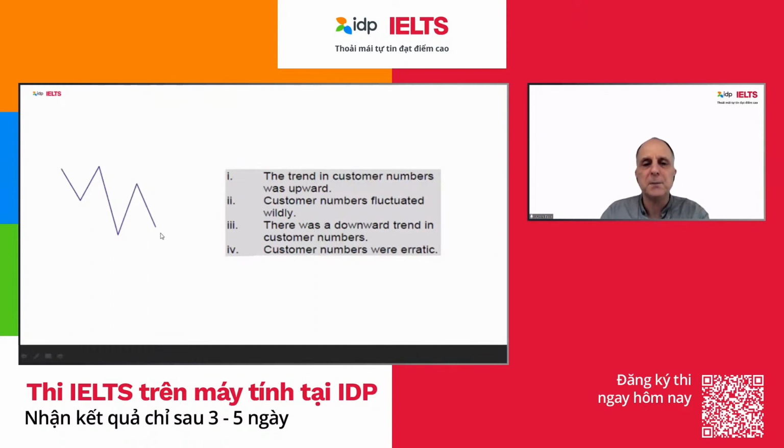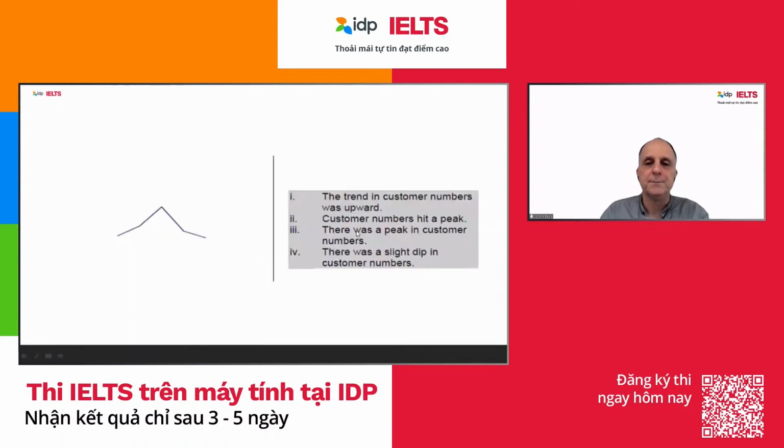It was a downward trend, but it doesn't really mention that, okay? But someone just mentioned wildly. We can say erratically or erratic. It's fine. Wildly is fine. Okay. For this one, what number?